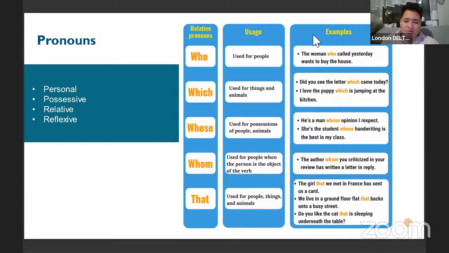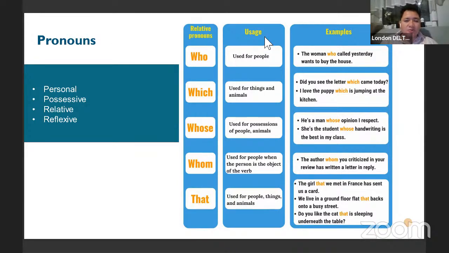So the nouns, obviously, cannot be used for actions. Los sustantivos no se pueden utilizar para acciones o para describir. The same way, each part of speech has its specific use. Pronouns, for example, their use is to substitute the nouns.